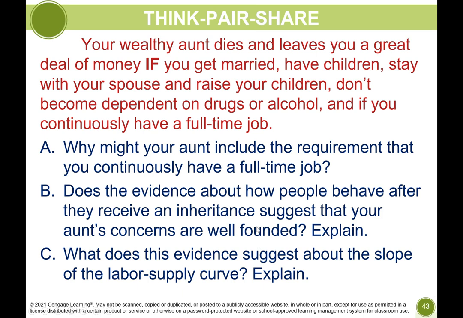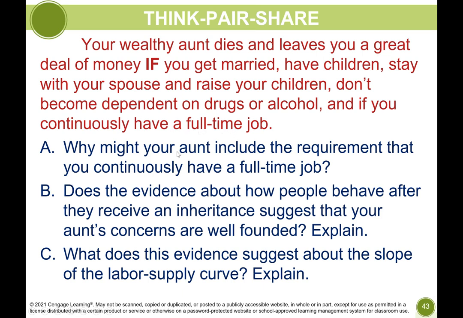Think, pair, share. Your wealthy aunt dies and leaves you a great deal of money. If you get married, have children, stay with your spouse, raise your children, don't become dependent on drugs or alcohol, and continuously have a full time job.